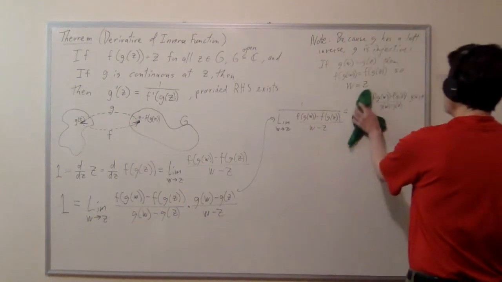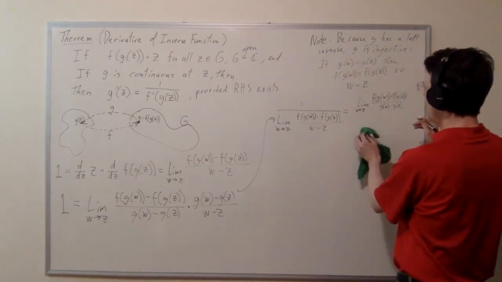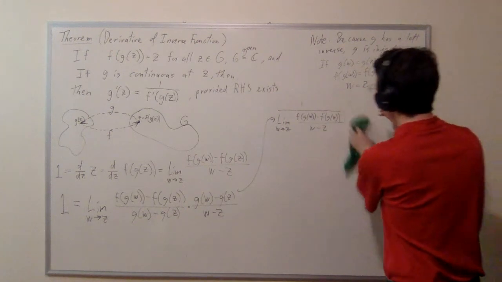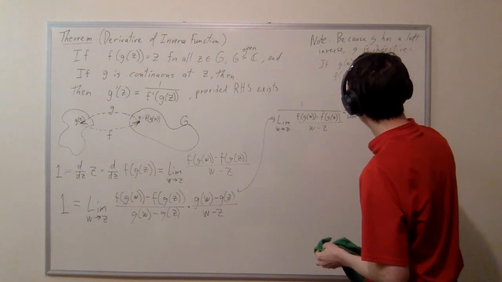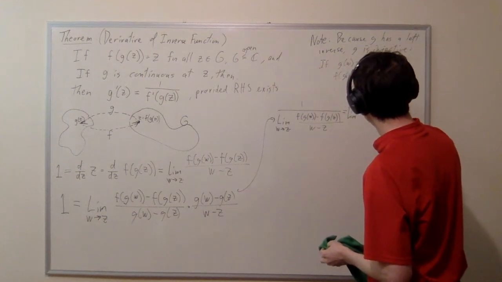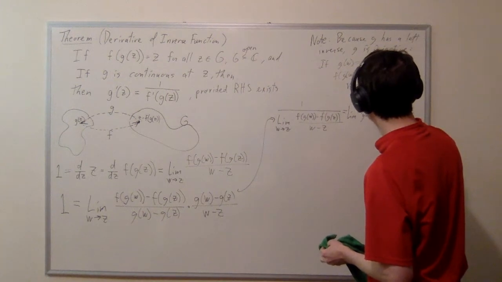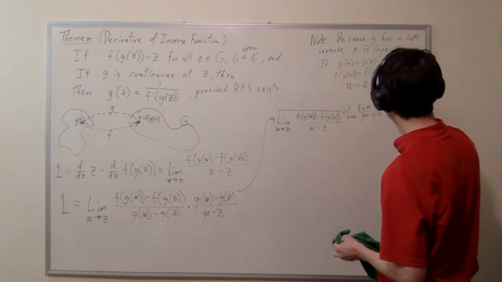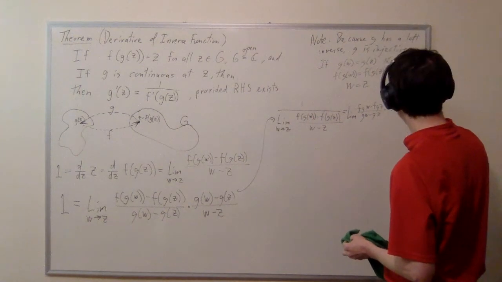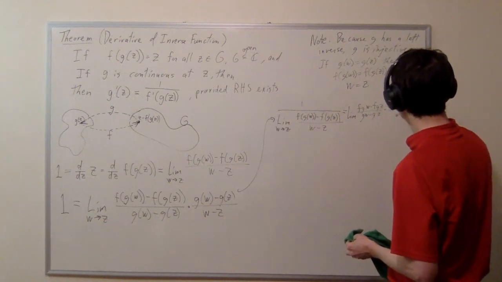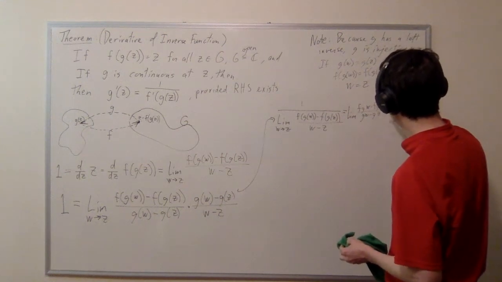I'm not leaving myself room. So this is times, I'm going to have to rewrite it, sorry. So this is equal to the limit of f of g of w minus f of g of z over g of w minus g of z times g of w minus g of z over w minus z. Okay, so that is the big, huge limit that we've got.